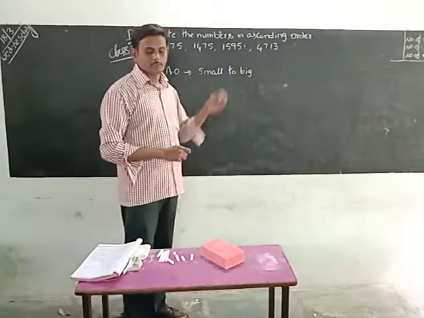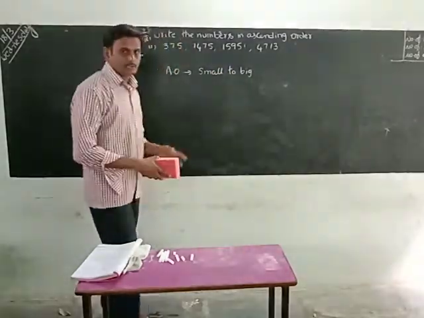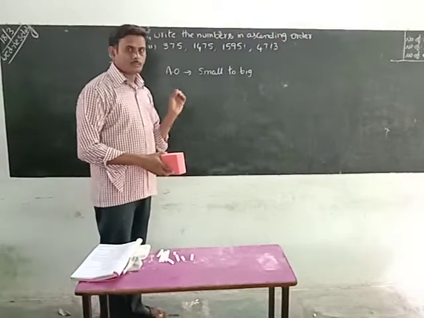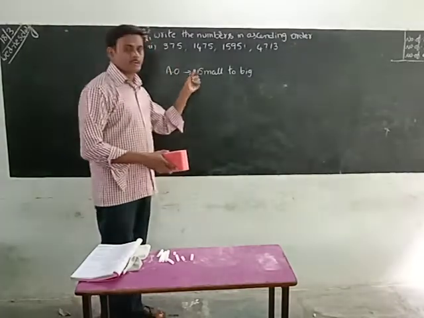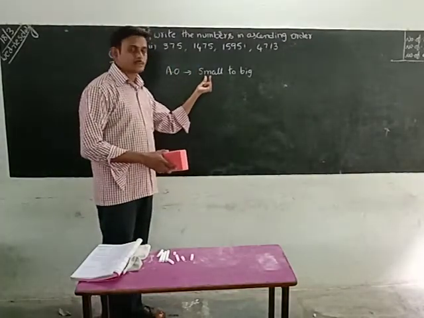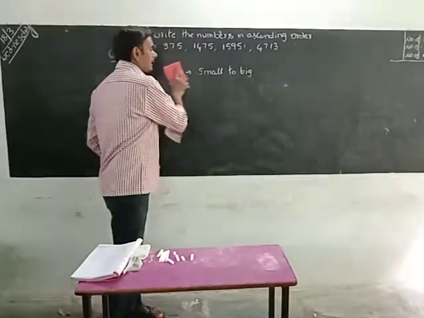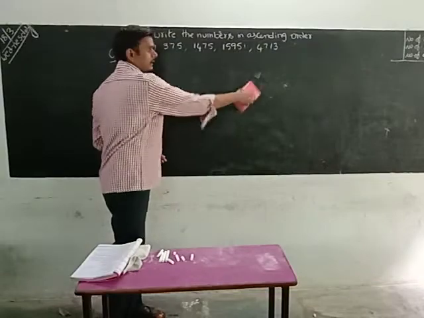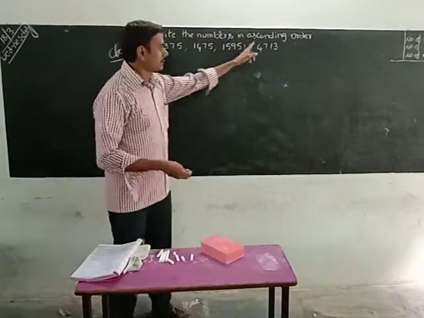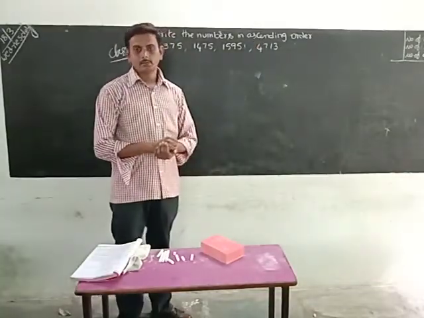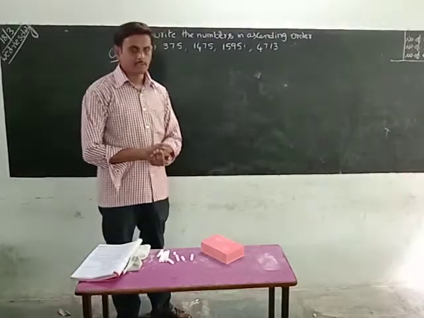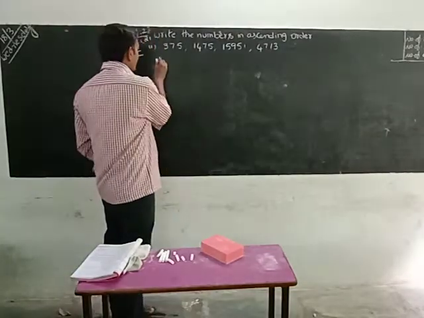These four numbers I want to arrange in ascending order. Ascending order means we arrange the given numbers from small number to big number. Ascending order we can also call increasing order.